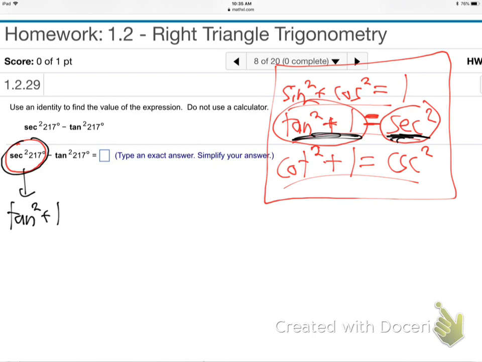And then the other part's still there, minus tangent squared. Everybody see what I did there? I'm being lazy and skipping the 217. It's really there. Tangent squared plus 1 minus the other tangent squared. And so what happens? How do you simplify that? Bye-bye tangent squareds, huh? Equal 1. That whole thing just becomes 1.